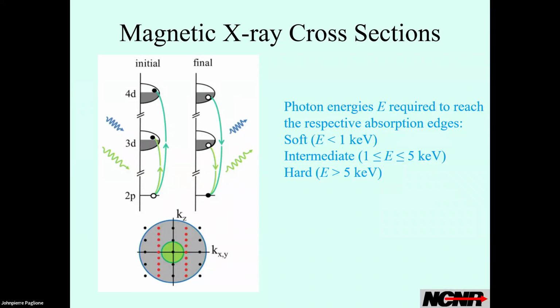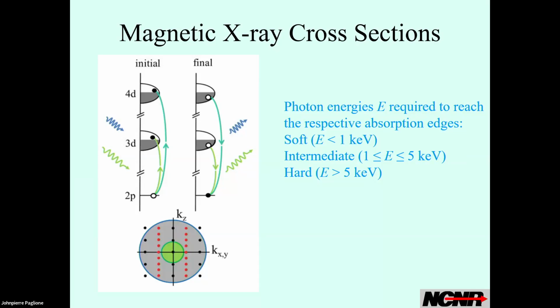So magnetic X-ray scattering, the way it works is you take an electron and you promote it up, for example, from a 2p level up to the 3d level, and then you have an occupied electron come back down. For 4d elements, that's a higher energy. So you go up here to the 4d shell and then back down again.